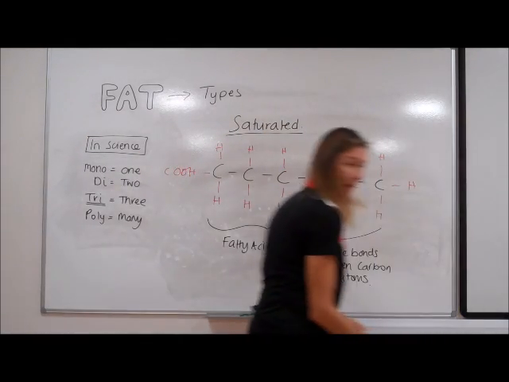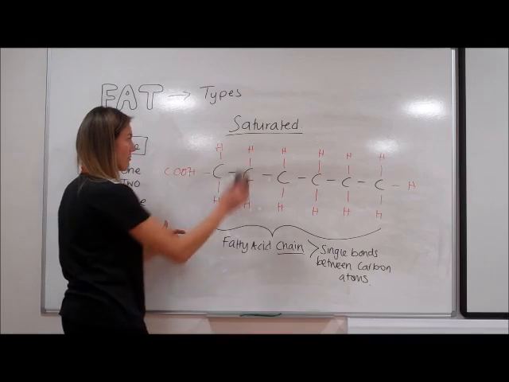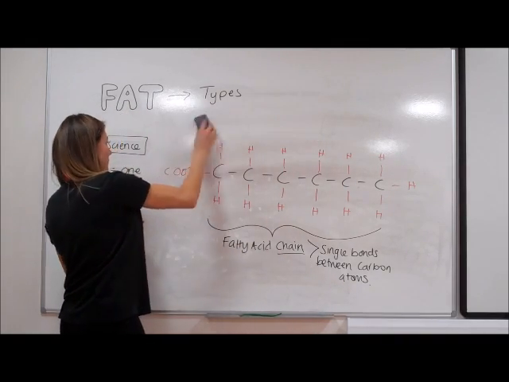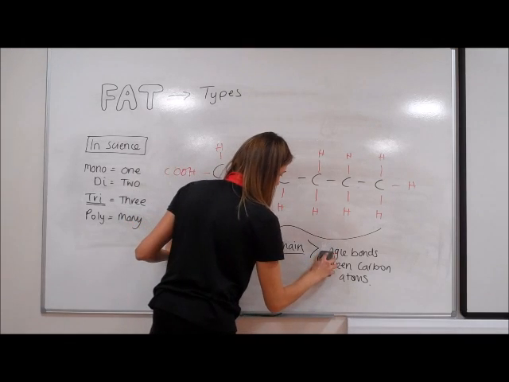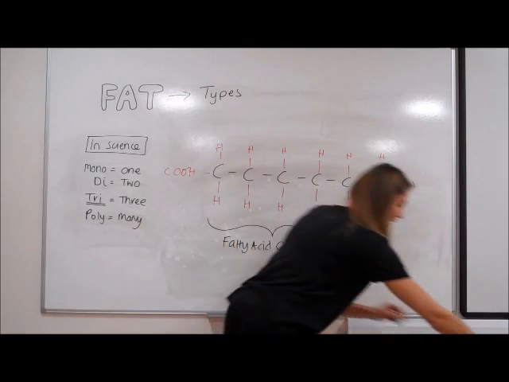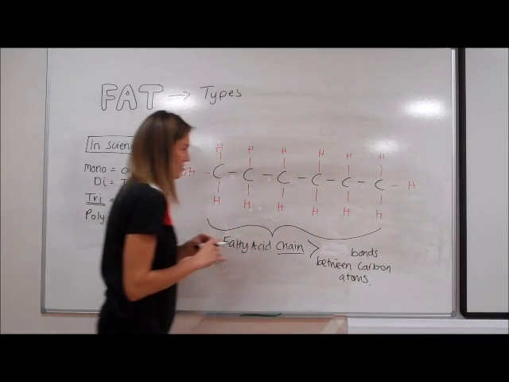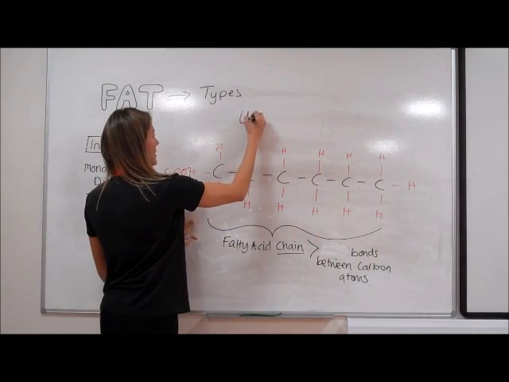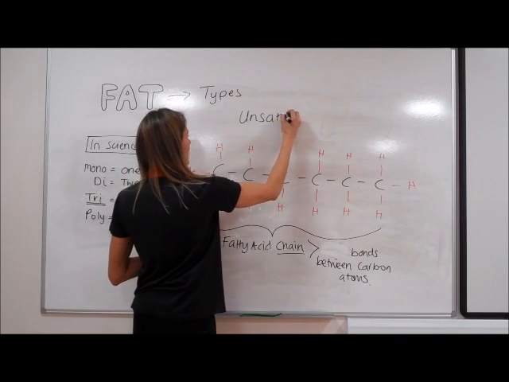So let's have a look now at the difference with an unsaturated fat. Now an unsaturated fat will have, and there are different variations of unsaturated fat, but on the basic level, just to begin with, let's give it its name, unsaturated.